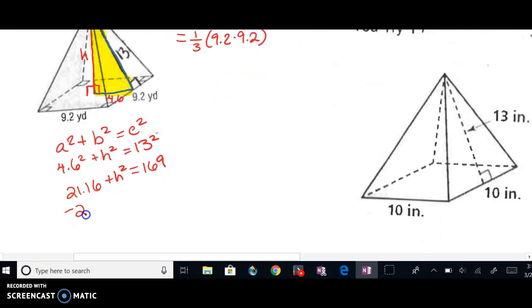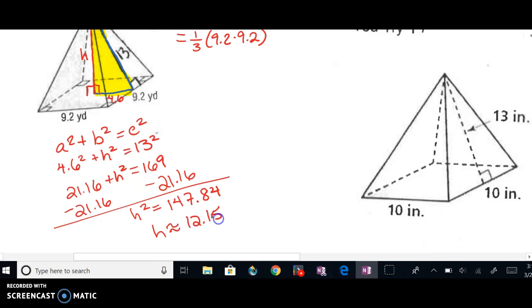And then subtract 21.16 from both sides. And that gives us 147.84. And then if we take the square root of that, your height is approximately 12.15.